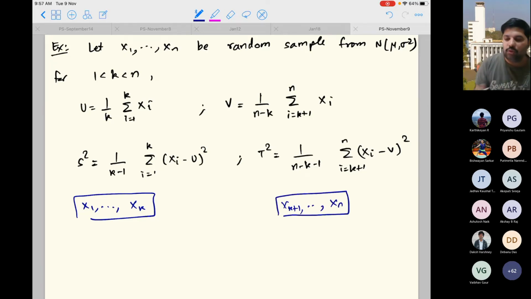So there are k independent random variables here and n minus k independent random variables here, correct? And this group of random variables is also independent of the second group, right? So all these independences are already there.